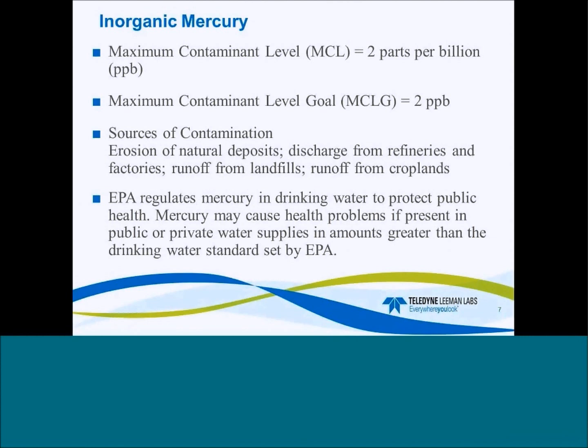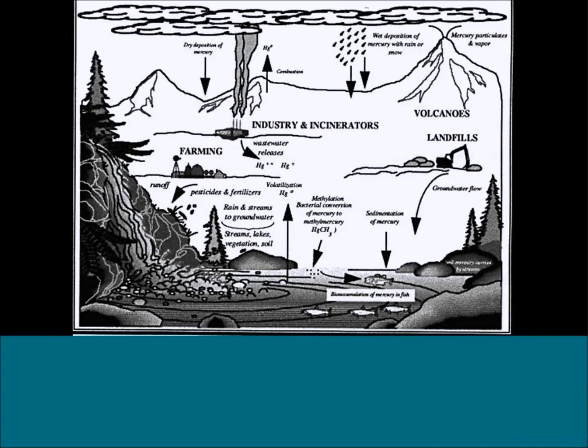And of course the EPA purpose is to regulate the mercury in drinking water, and they recognize that health problems can be the result of amounts of mercury that are greater than the standard. This is just an indication of the mobility of mercury in the environment.